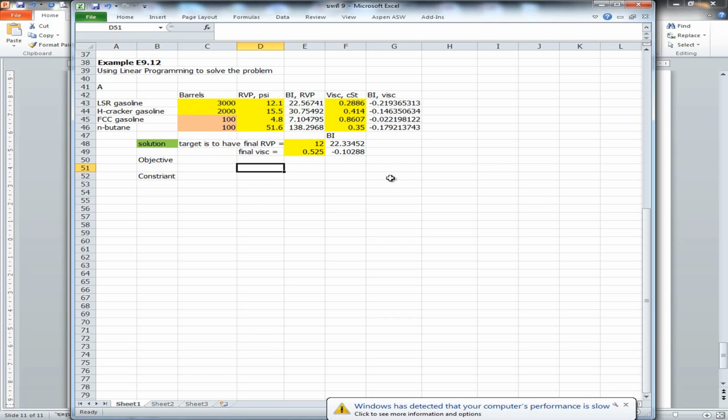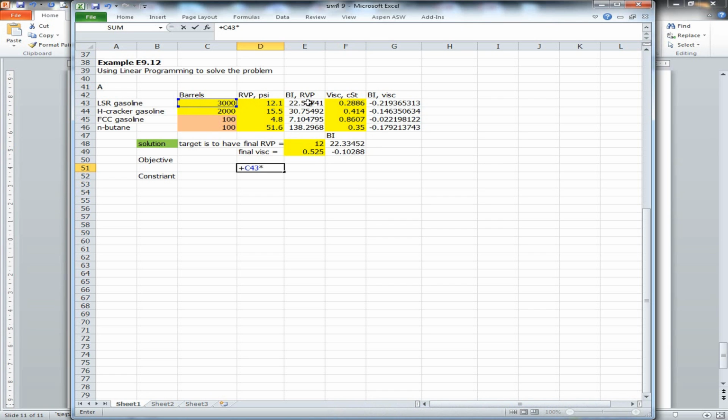So let's see. The equation should be that multiplied with this plus this multiplied with this plus this multiplied with this plus this multiplied with this. Okay. Should be equal to this multiplied with the blending index of the final one.